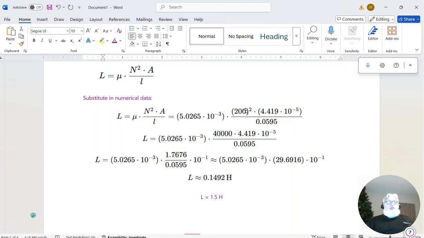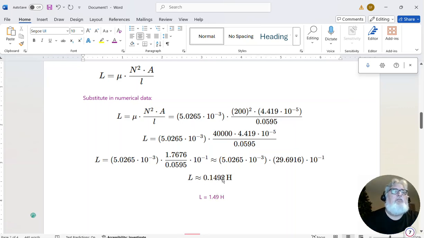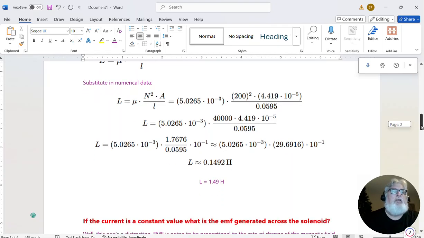If we round it off to 3 significant digits, 0.149, and I'm going to drop that 2 there because that's an extraneous digit. If we put that in there, we'd be claiming precision that is not warranted by the data that we put in.